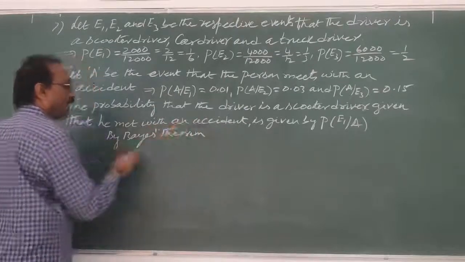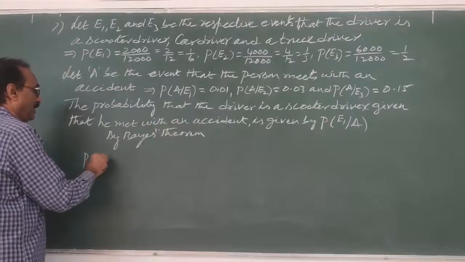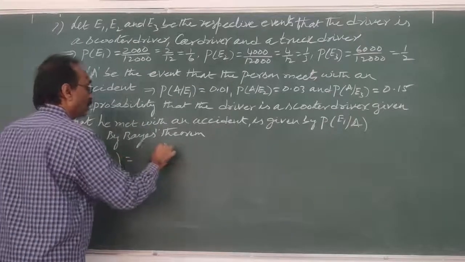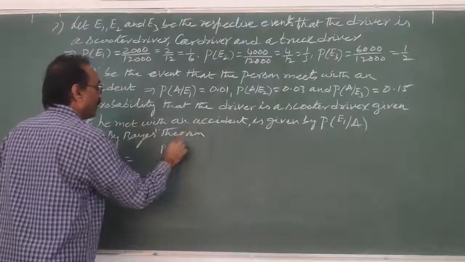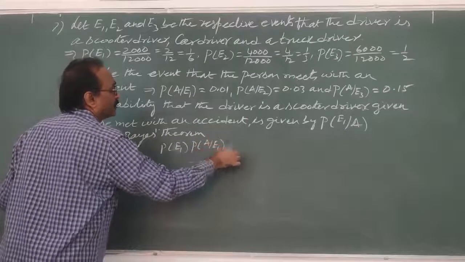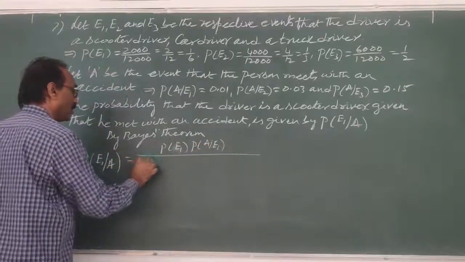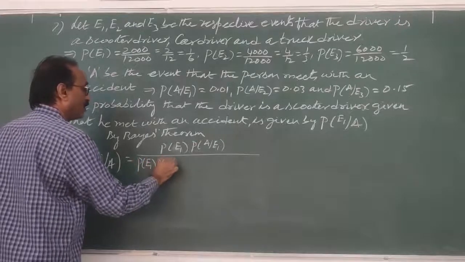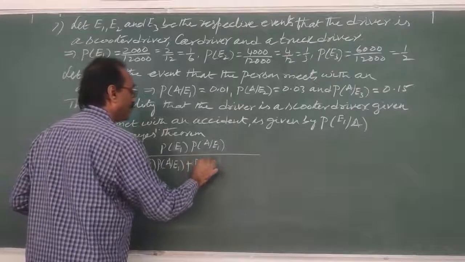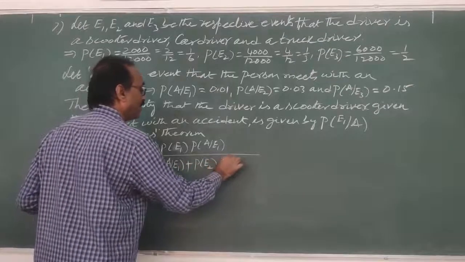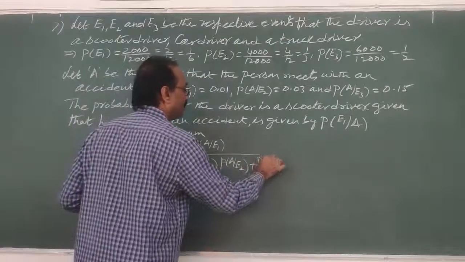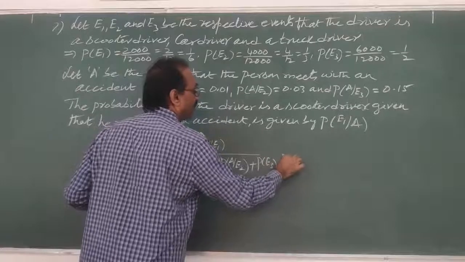Probability of E1 given A is equal to probability of E1 into probability of A given E1, divided by the total: probability of E1 into probability of A given E1 plus probability of E2 into probability of A given E2 plus probability of E3 into probability of A given E3.